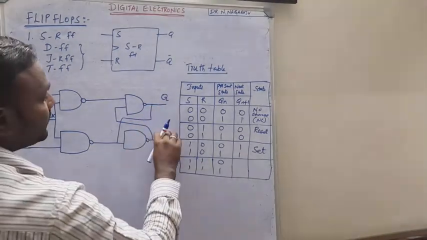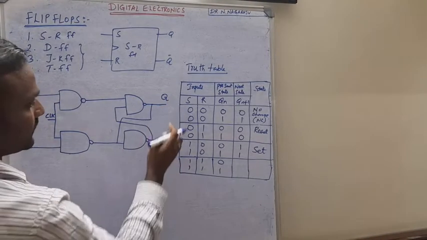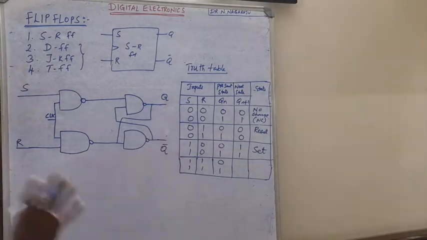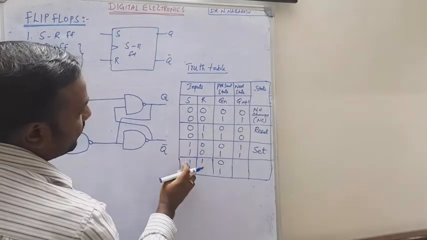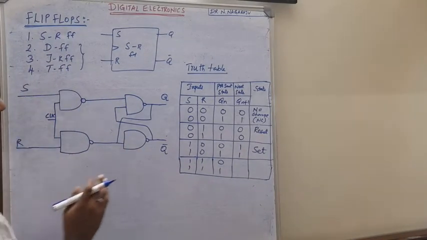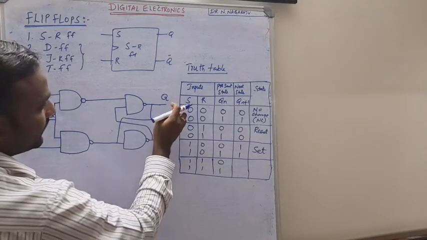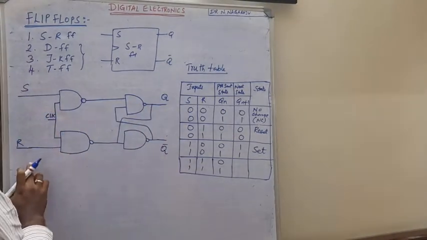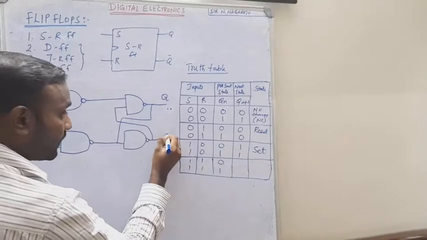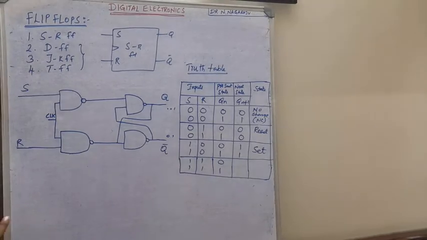During the 1 1 state, S is equal to 1 and R is equal to 1, it produces an invalid state. If Q is equal to 0, Q bar would also be 0, and if Q is equal to 1, Q bar would also be 1. That is not possible. That is an intermediate state or invalid state.